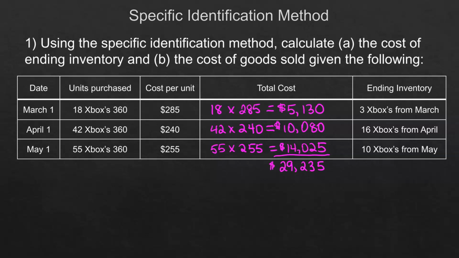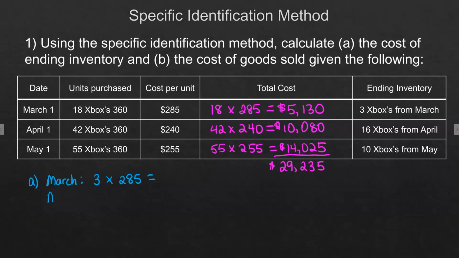I think I want to put ending inventory just right here because we have it right below that. So 3 boxes from March. Well, maybe we'll just do it over here, we'll have more space. So from March, we have 3 X boxes, and they were 285 in March, and we'll calculate that.